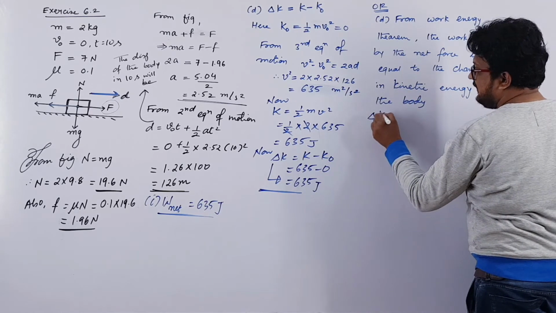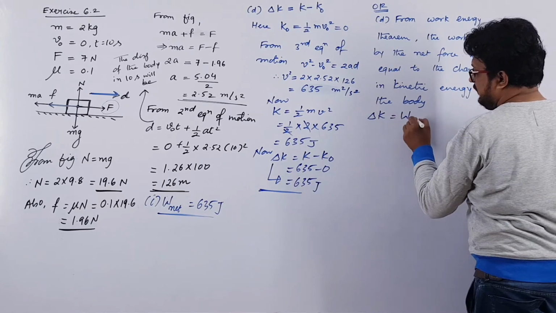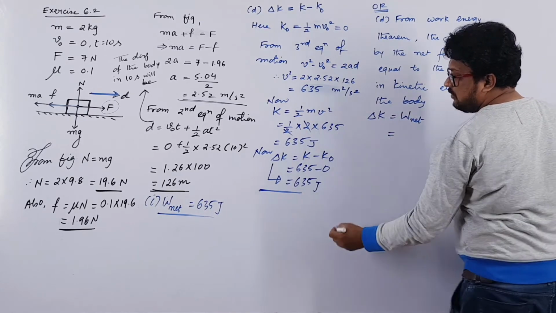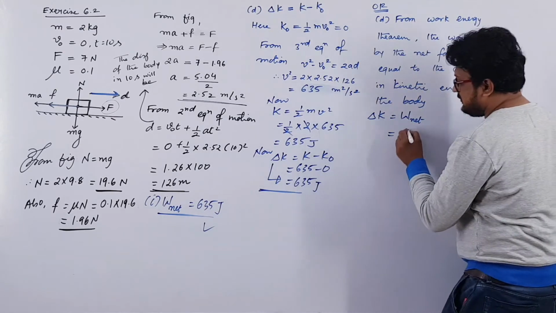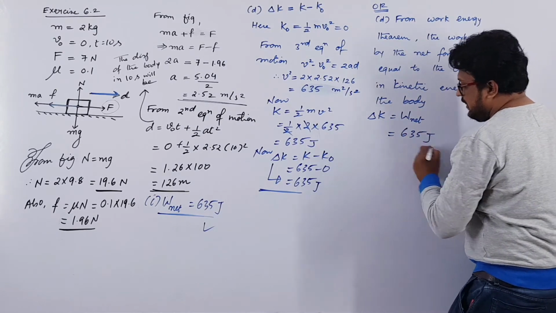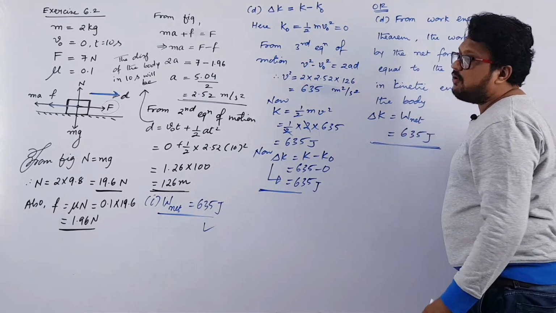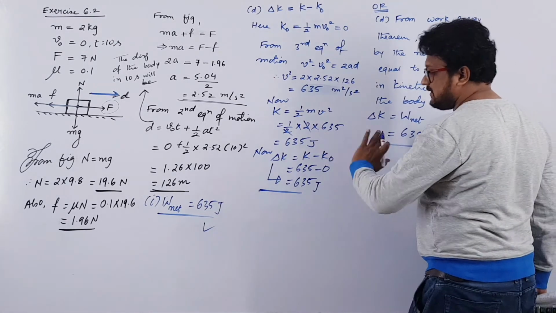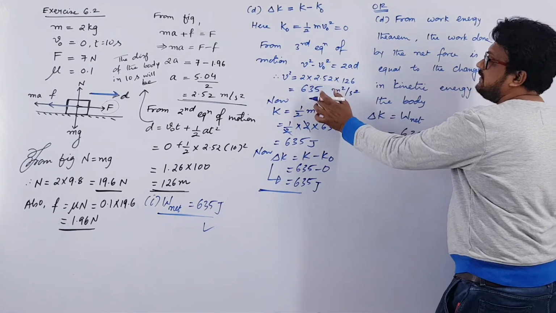So delta K will be nothing but W net, the work done by the net force, and the work done by the net force is 635 joule. So this is equal to 635 joule. Directly you can write this, right? But in order to prove that the work energy theorem is correct, we have solved by this method also.